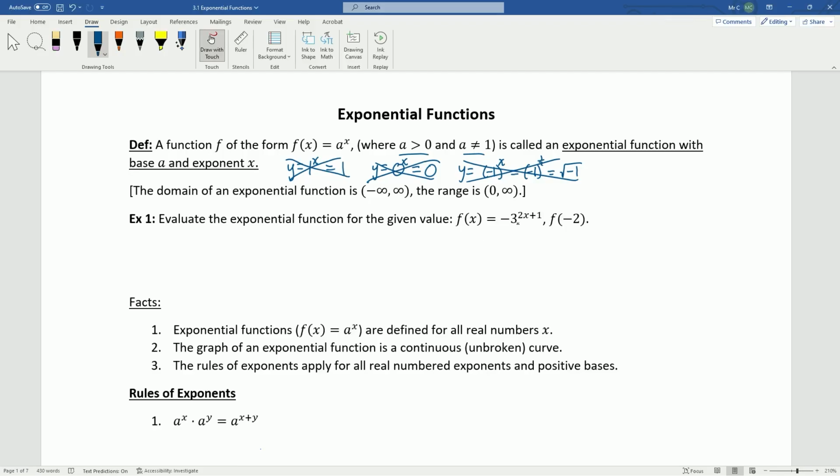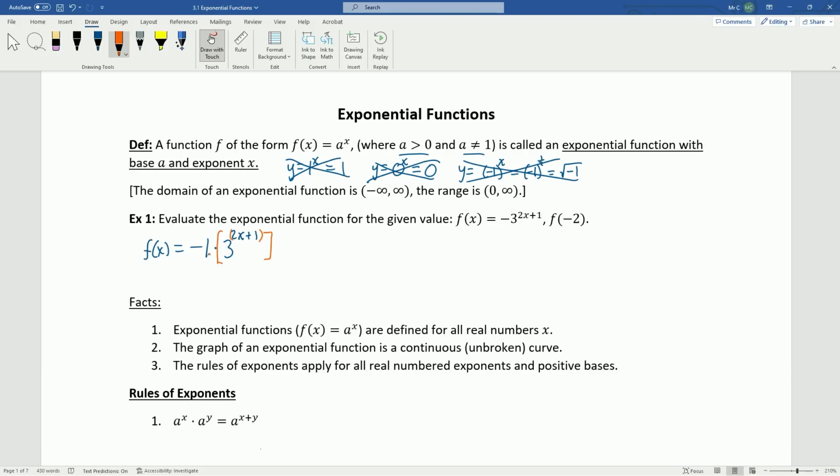So when we look at this, this is actually f of x equals -1 times 3 to the 2x plus 1. And this exponent is only being applied to the base 3. The negative is not part of the base here. The exponent only applies to the 3.